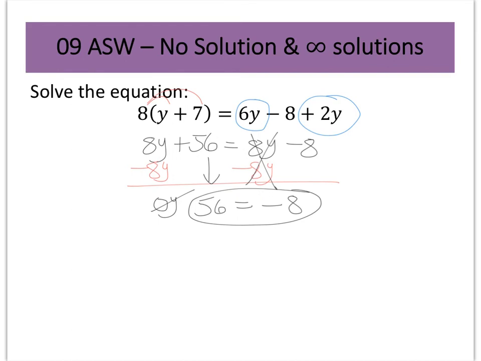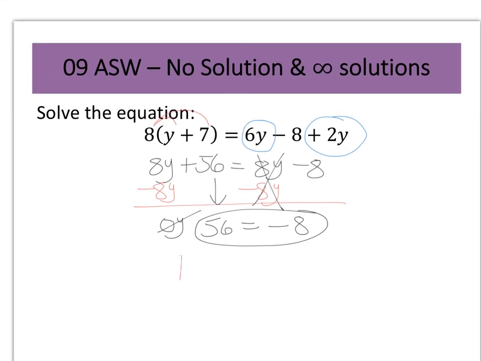And when we reach a point where we see that something is always false, we call that no solution. And it's really important, because what that means is that no matter what y I pick, there are no possible answers for what y could be that will make this equation true. So if I get to something that's obviously always false, we say that it has no solution.